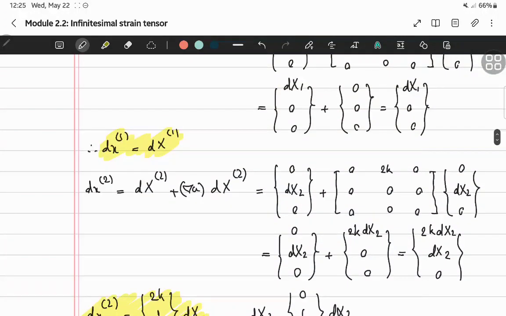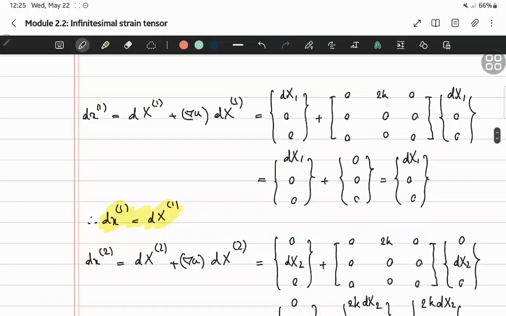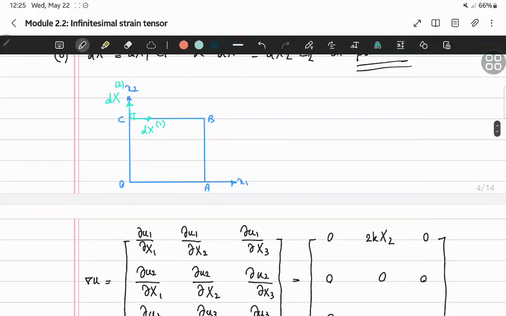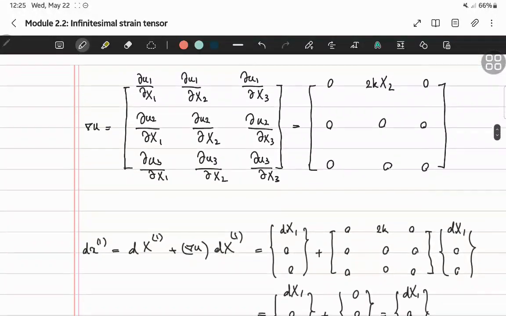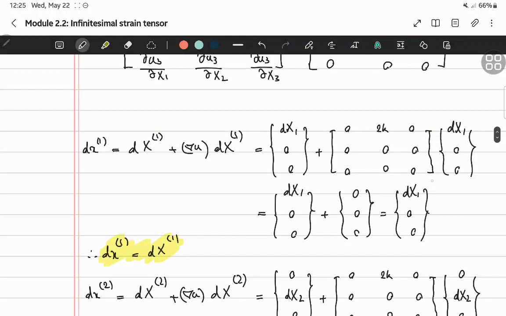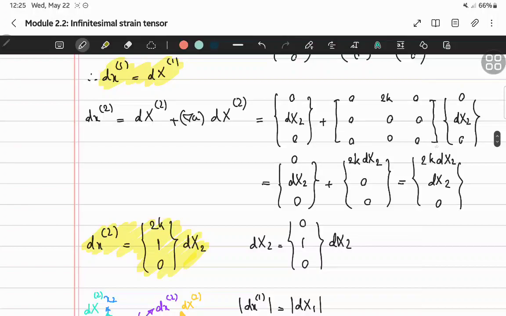Here we have 2k x2, but since the x2 is 1, this is for x2 equal to 1.